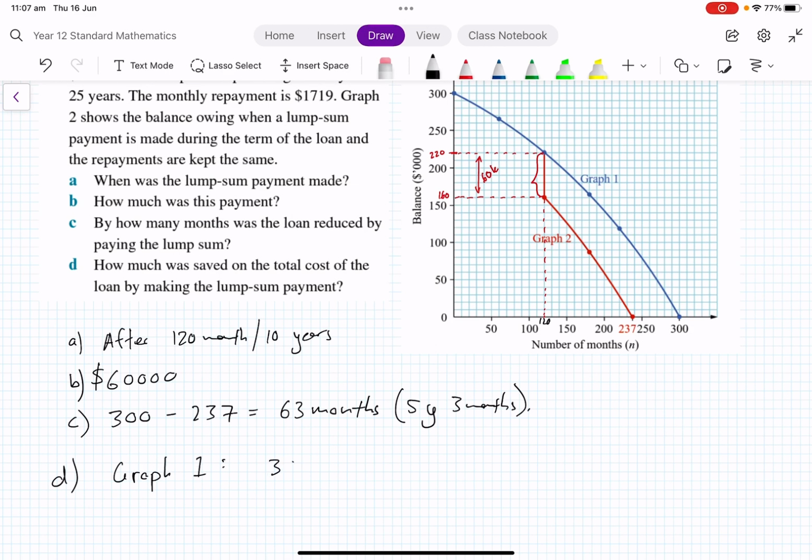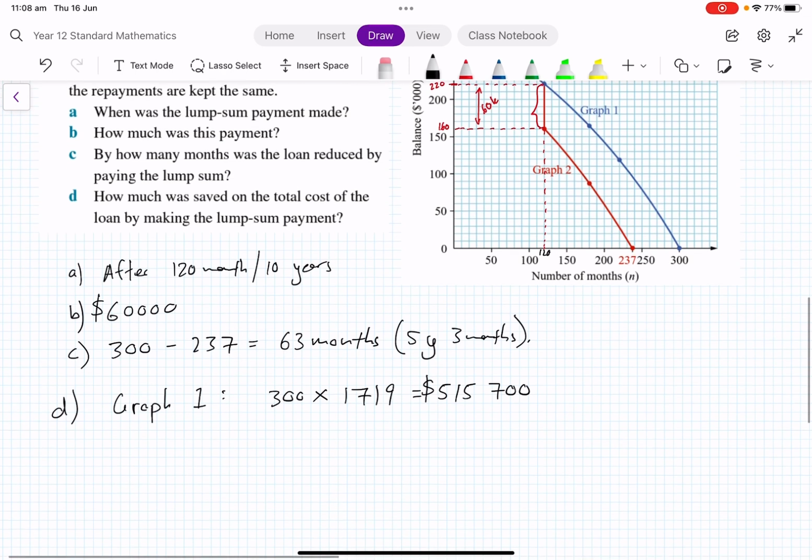The total is 300 payments of $1,719. So 300 times 1,719 is equal to 515,700. In this case, it's slightly less than double. It's a $300,000 loan, so we're not paying double, but we're paying $215,000 of interest.